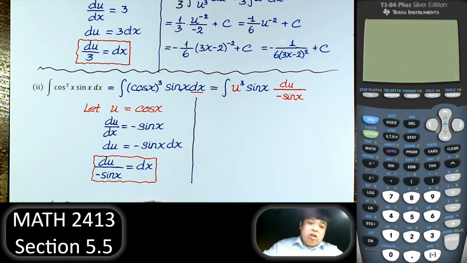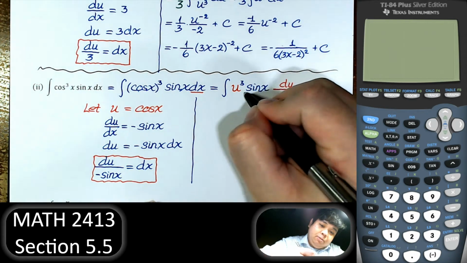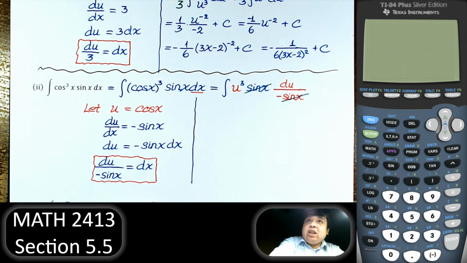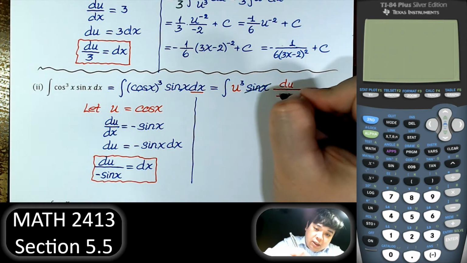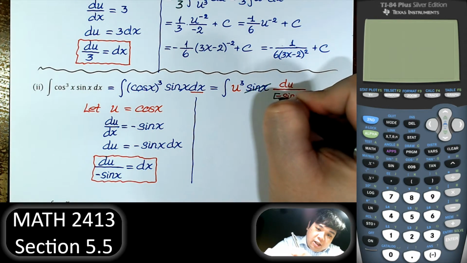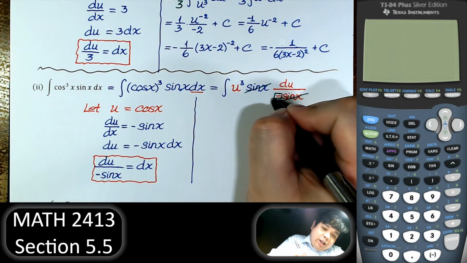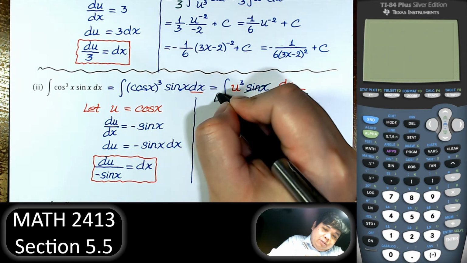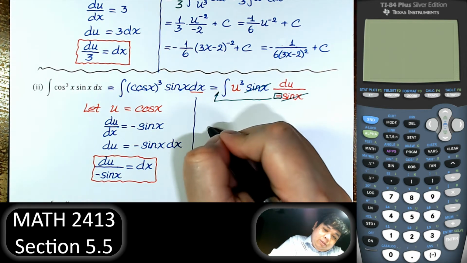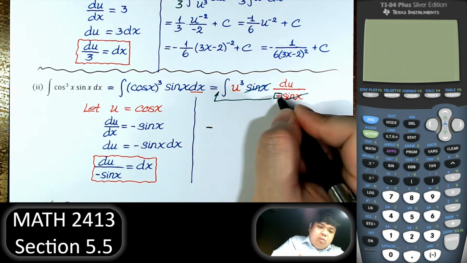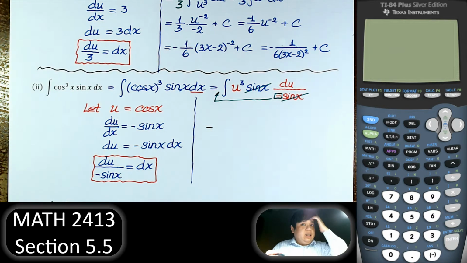Now, if everything works out perfectly, there should be no more x, as the sine x cancels out. This negative sign is a constant, or negative 1 if you will. We can take it outside of the integral at the bottom, but the negative 1 multiplied by negative 1 is the same as divided by negative 1.